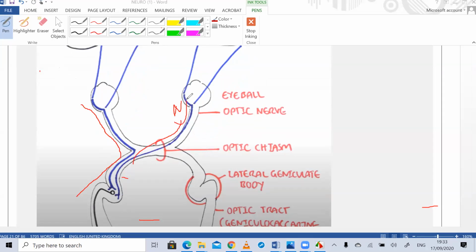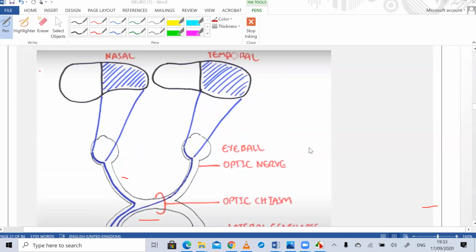So what do you think, doctor? If here I have a craniopharyngioma, a lesion compressing which fibers? The both nasal fibers are being affected here.